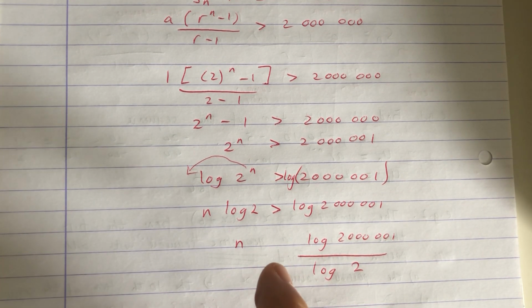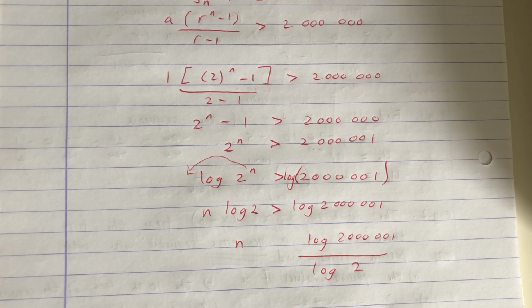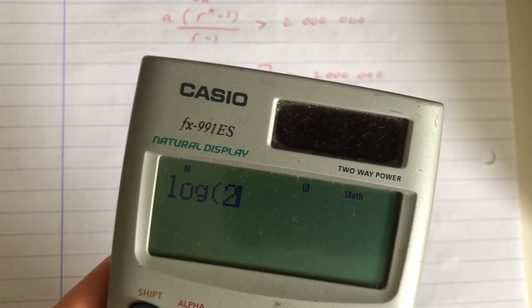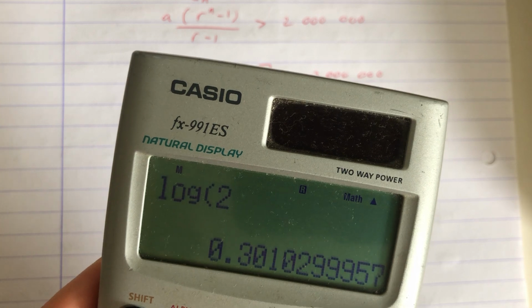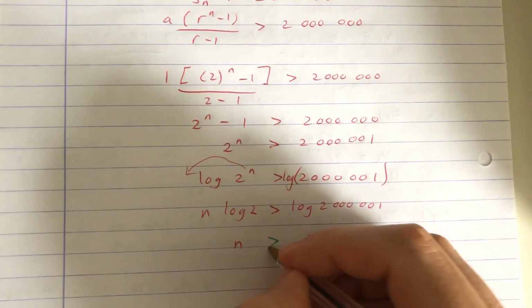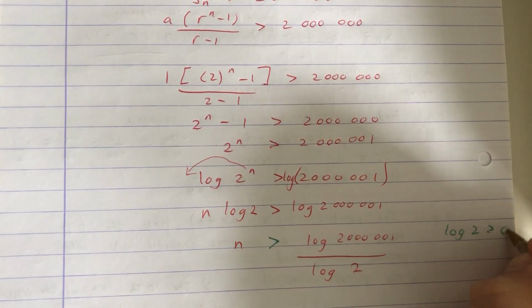It's because when I'm solving an inequality and I divide by something, if that something is negative, I have to switch the direction of the inequality. So I'm just checking first, do I need to switch this inequality? Is this a positive number or a negative number? Okay, it's positive, so I can keep that as it is, because log 2 is positive.